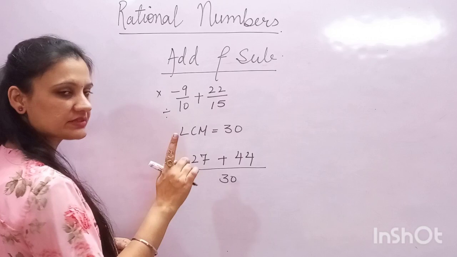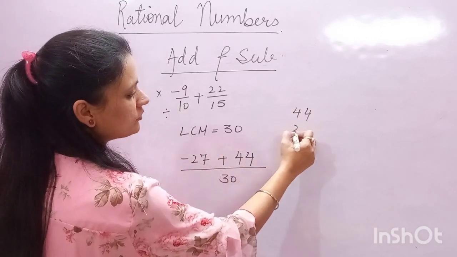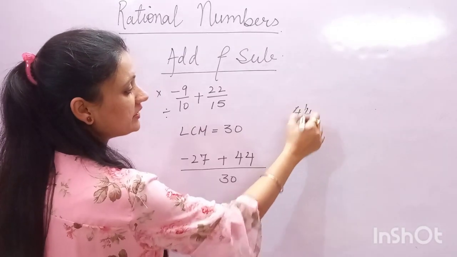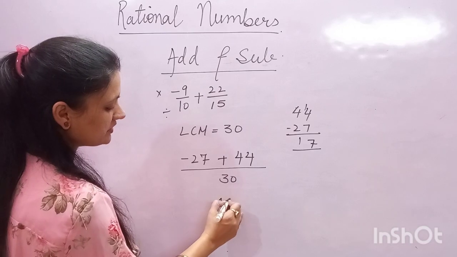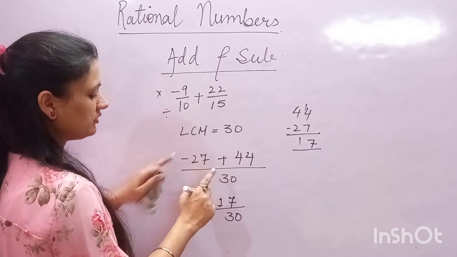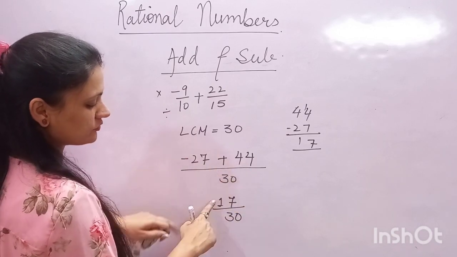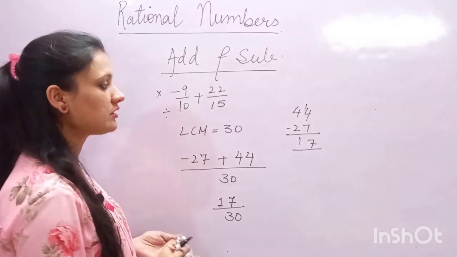So plus minus is minus. So 44 minus 27 is 17, right? So we'll write down 17 upon 30. Which is the greater number, 27 or 44? 44. So it will be a positive rational number. Is it clear? This is how we add.